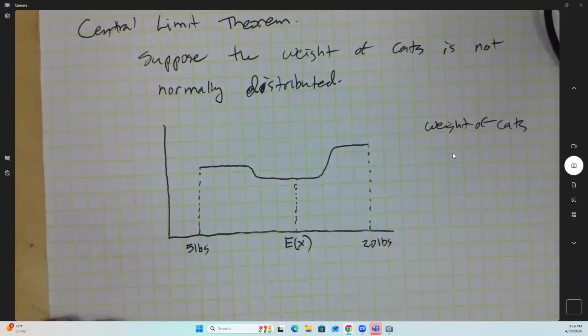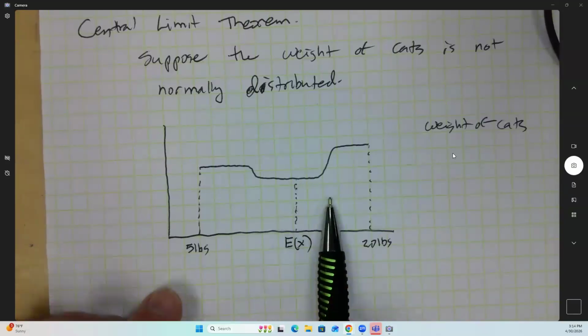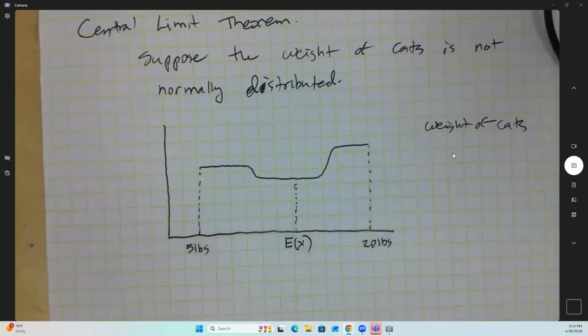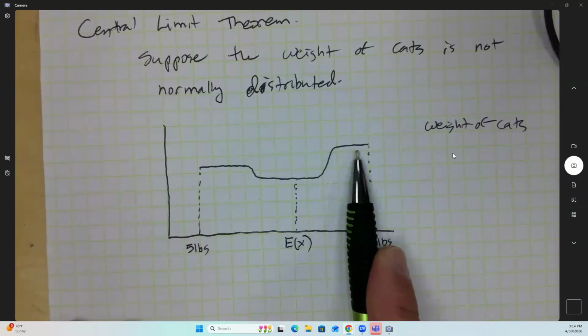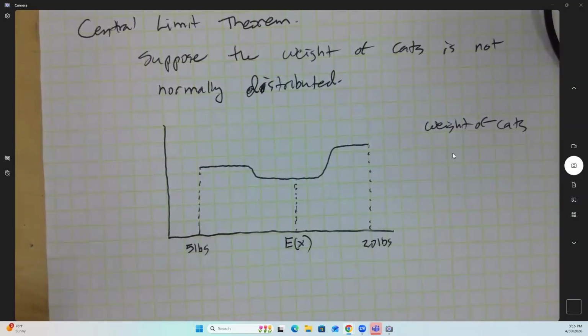And this is not a case where observations close to the expected value are most common, and it gets less common the farther away you get. In fact, if this were true, you would be more expected to see heavy cats or light cats than cats that are close to the middle.